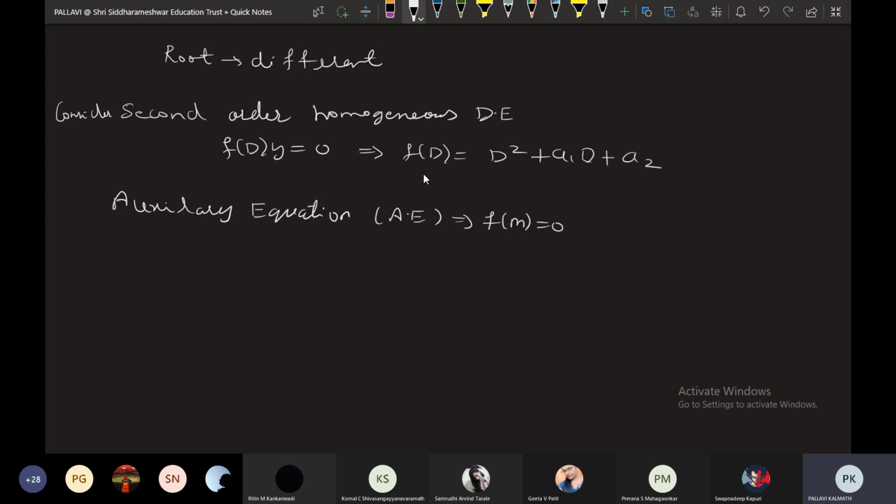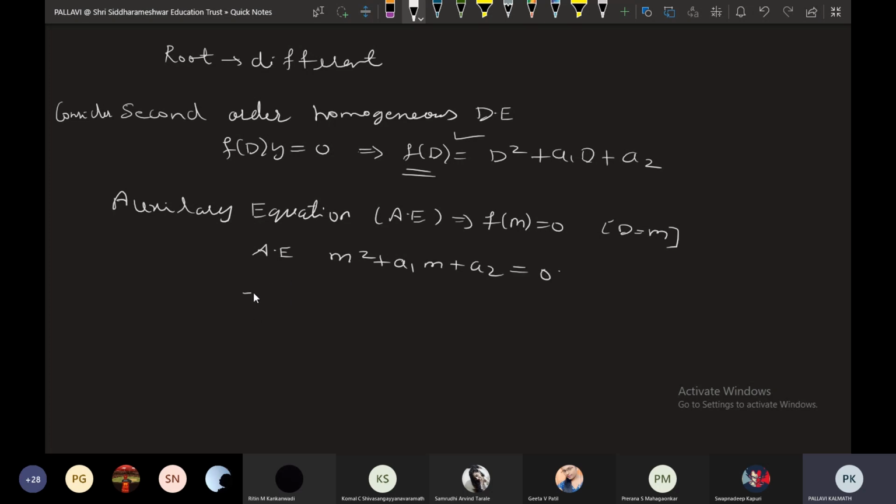You have f of D, no, here instead of f of D you write f of m, meaning you are replacing D by m. So your auxiliary equation will be m square plus a1 m plus a2 equals 0.